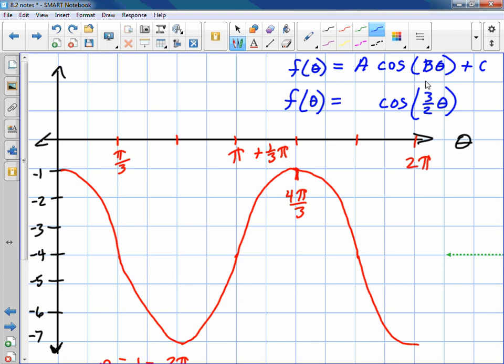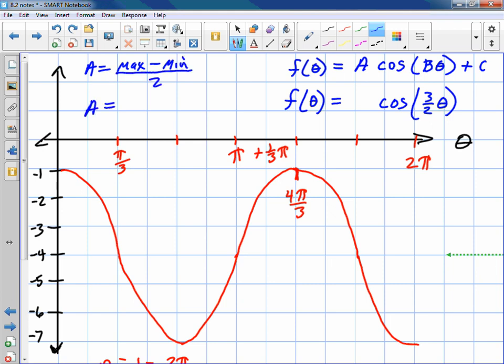So then I can look at my amplitude. And the easy way to look at amplitude is to say, okay, what's my highest high? Is -1. So I can go A equals max minus min divided by 2.